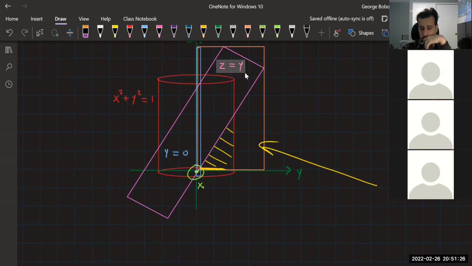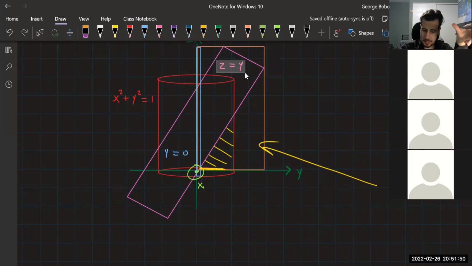Any idea? Not really. Okay, don't be scared. Z is a running variable in cylindrical coordinates. What if I told you that this right now is telling you your upper bound? And it says your upper bound is y.